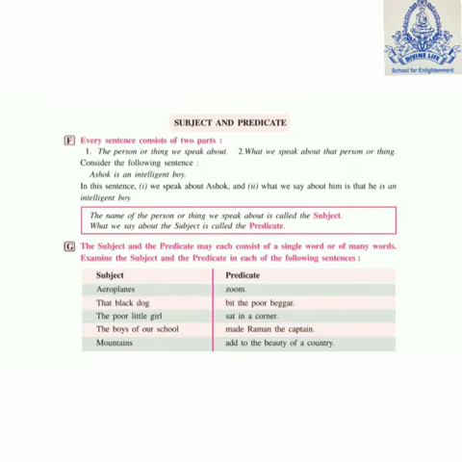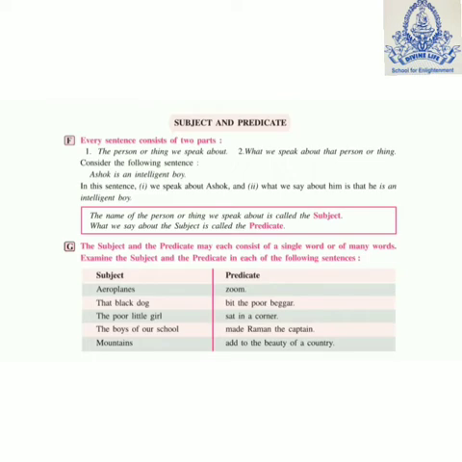The subject and the predicate may each consist of a single word or of many words. So examine the subject and the predicate in each of the following sentences, right? These are a few examples.